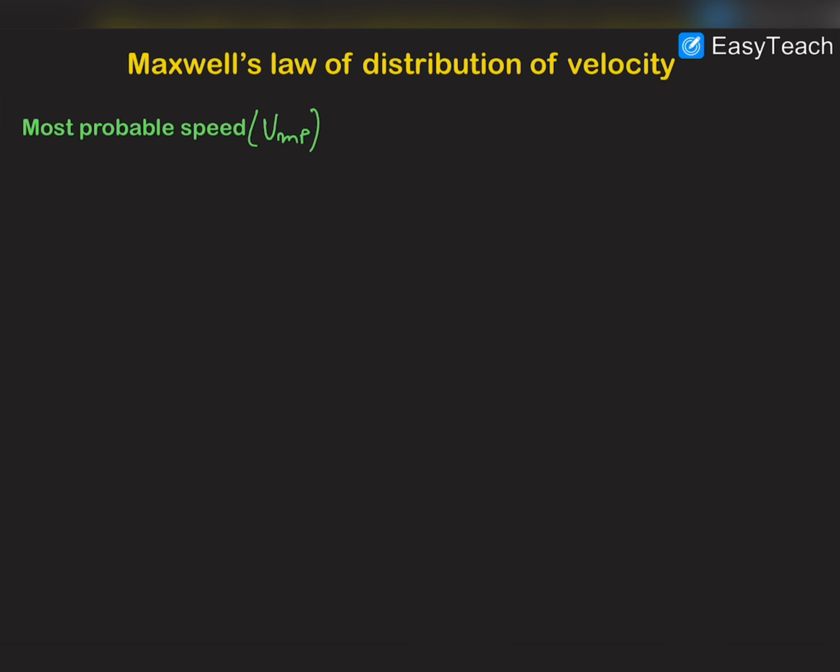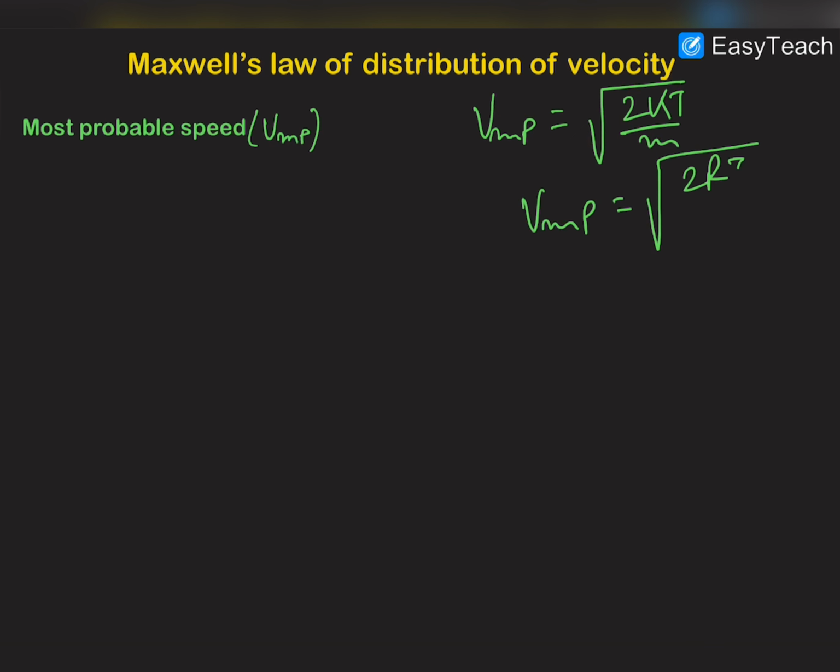So VMP, we have studied, V most probable is equal to under root of 2kT by m, or we can also write it as under root of 2RT by capital M. The difference in these two formulas is that R is the gas constant, k is the Boltzmann constant, and this small m is the mass of the molecule, and this capital M is the molar mass of the gas.